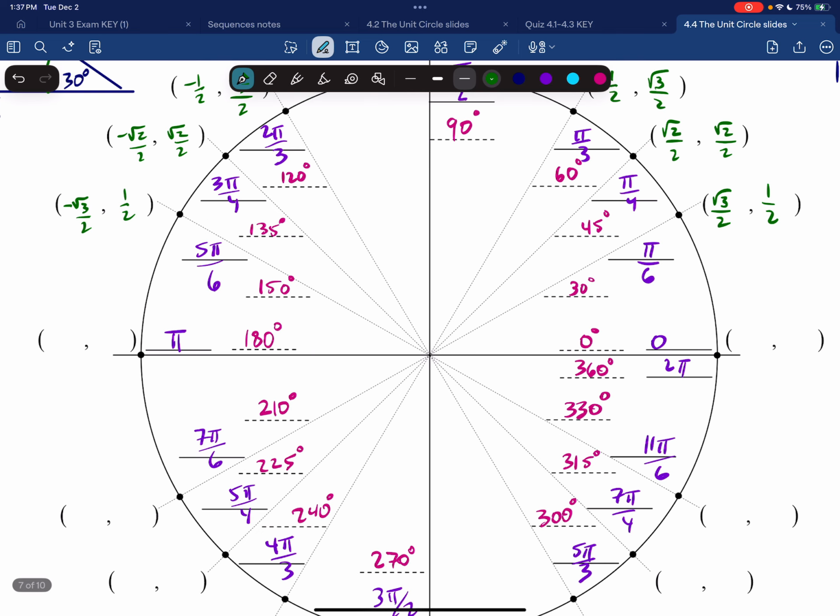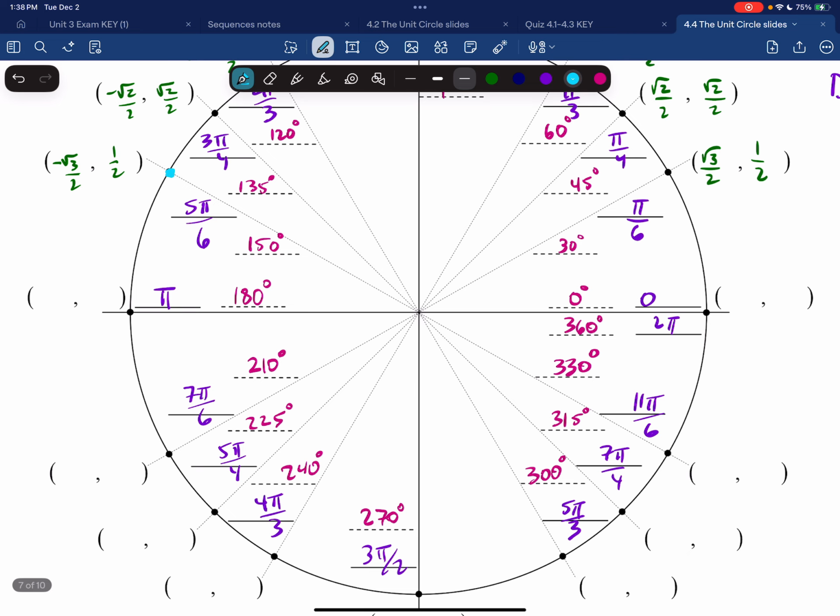To do quadrant 3, note that this point at 5 pi over 6, I can reflect it over the x-axis, and I'd be at this point at 7 pi over 6. So the quantities remain the same, but now the y value is going to change. The x value, we're still on the negative side of the x-axis, so it's going to remain negative, but now the y value is also going to be negative.